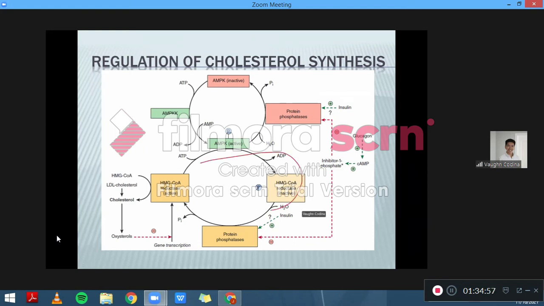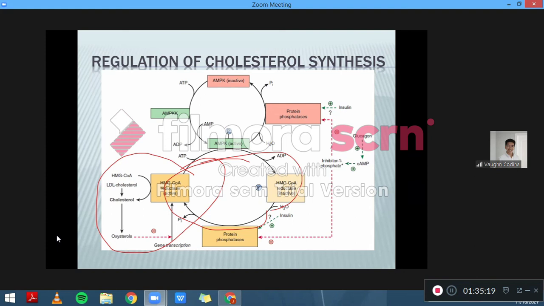First, in this lower left-hand corner, it's very simple. When there's an abundance of cholesterol, it represses the transcription of the enzyme HMG-CoA reductase. It does this by inhibiting the sterol regulatory element binding protein, which is the transcription factor for HMG-CoA reductase.